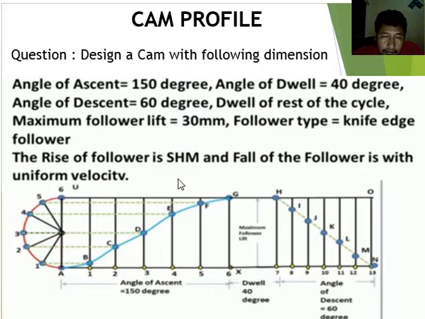The rise of the follower uses simple harmonic motion, and the fall uses uniform velocity. Now you can draw the design of the cam with these dimensions.